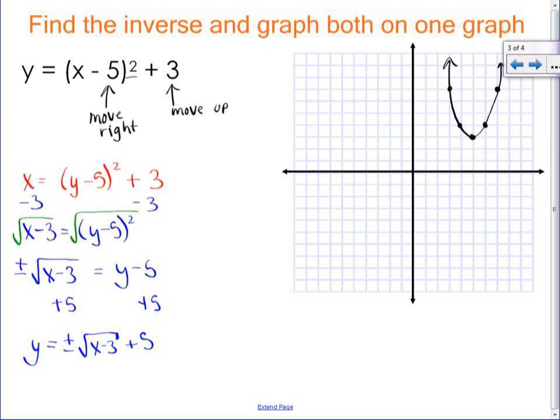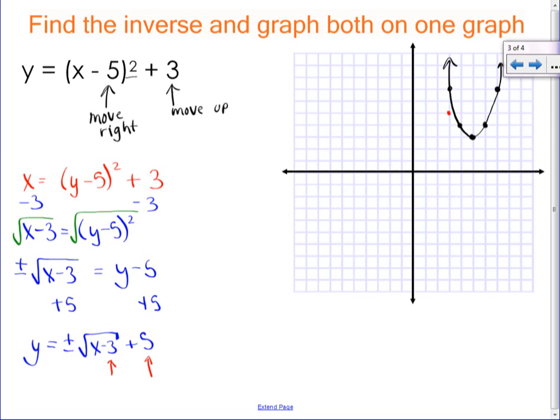Okay, now I'm not going to go into how to graph square root functions because we're going to get into that, but the rules are the same. So where are we moving this square root graph? 3 to the right and 5 up. So we know that that's where it's going to start. So if we go 3 to the right and 1, 2, 3, 4, 5 up, we know that's where it's going to start.